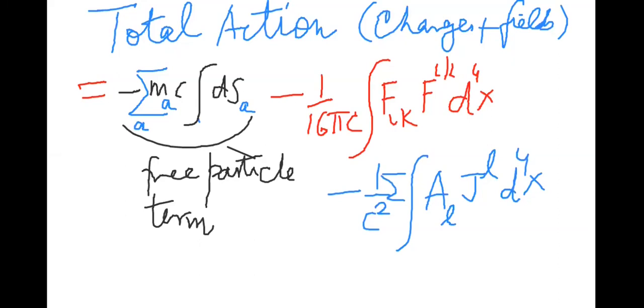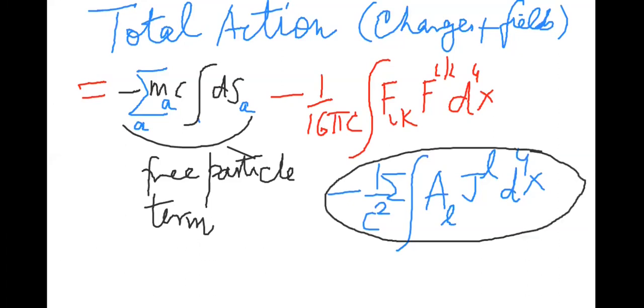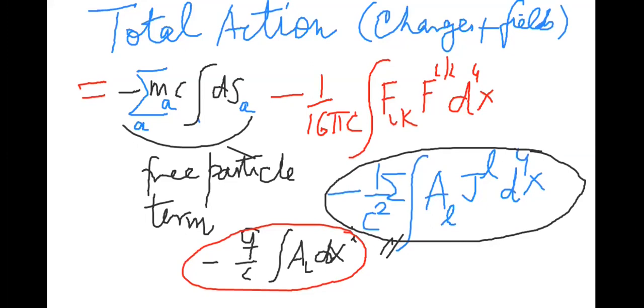So you can write down the total action for the full system. Okay, so we just saw that this part can also be written as minus Q by c A i dx i. So it's the same term that we were using in our interacting part of the Lagrangian while talking about the particle in the field.